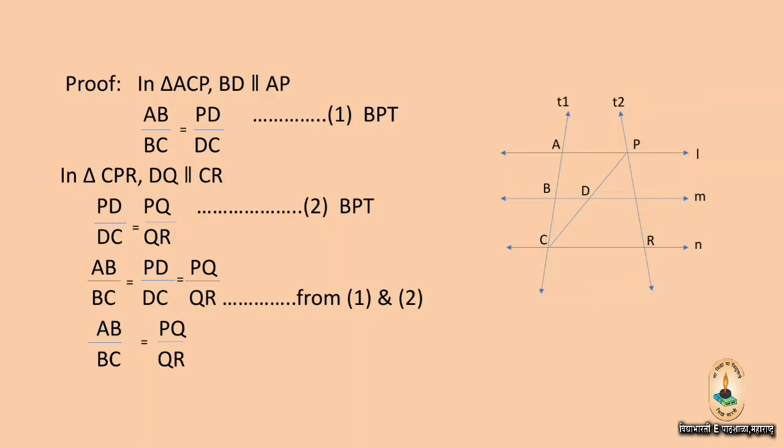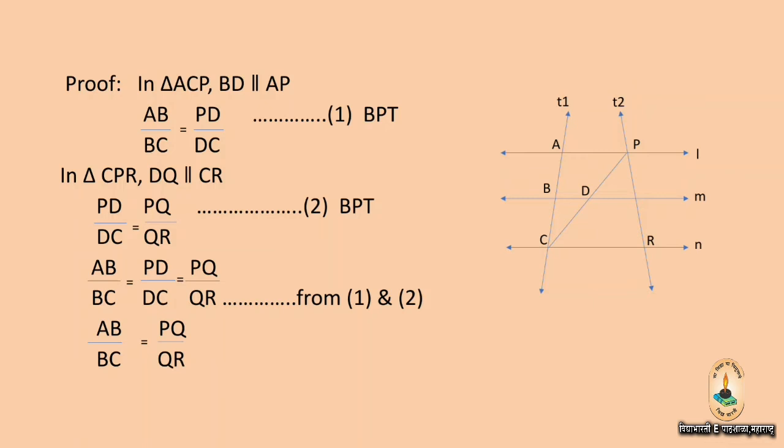In triangle ACP, segment BD is parallel to segment AP, and therefore by the basic proportionality theorem we have AB upon BC equal to PD upon DC. Number this as 1.